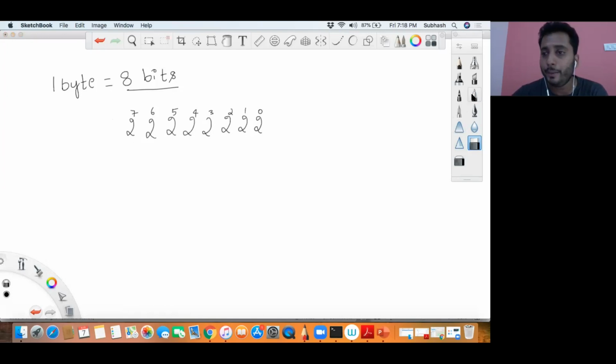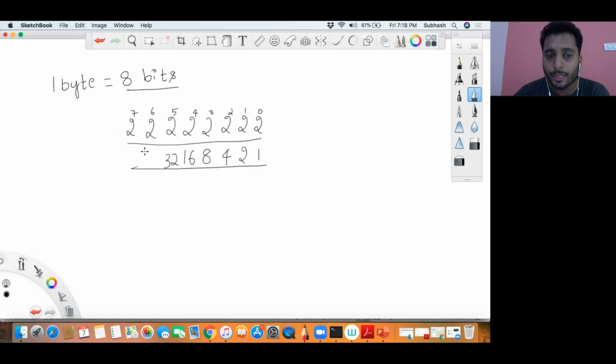So you have 8 bits, starting from 2 power 0 to 2 power 7. Now, what is the value of these? 2 power 0 is 1, 2 power 1 is 2, 2 power 2 is 4, then it is 8, then 16, then 32, then 64, and then 128. Now, assume this is your 1 byte of memory location.